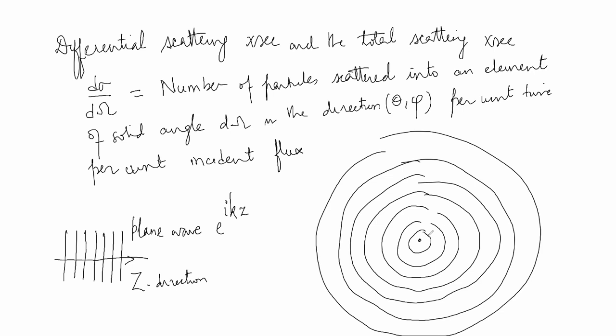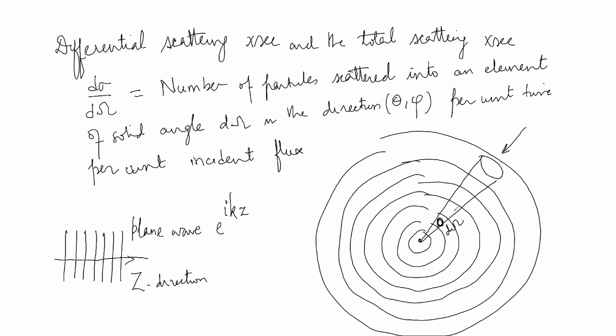And what does the differential cross section tell you? It tells you that you are going to measure the number of particles scattered in this angular bin of d omega.